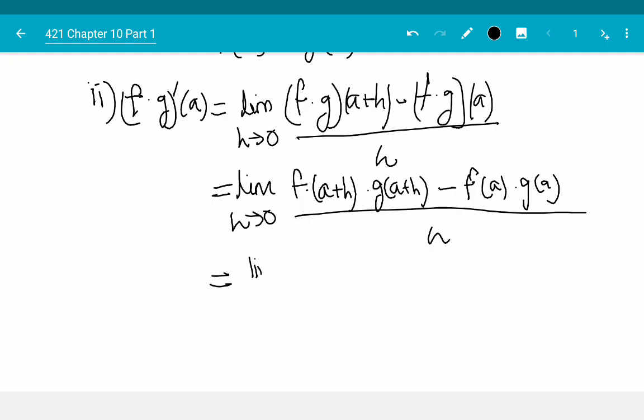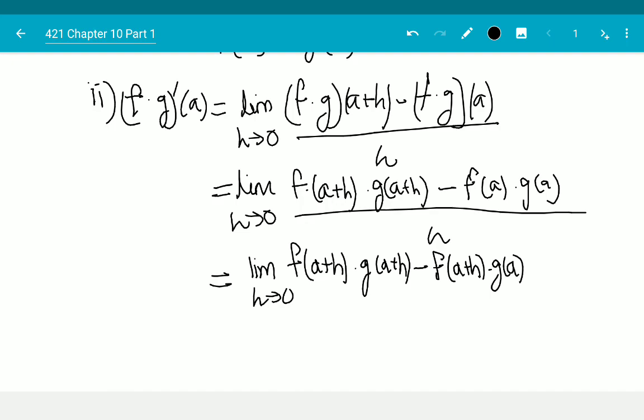And so I have to use the trick that we often do whenever we have things like these which don't completely match, which is add and subtract a proper term, right? And so in this case, I am going to add and subtract minus f of a plus h times g of a plus f of a plus h times g of a.